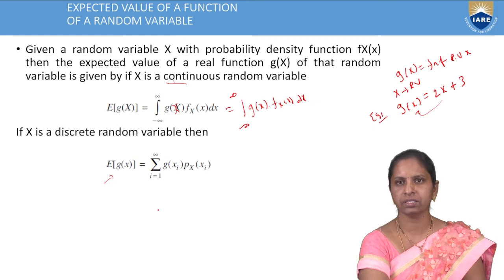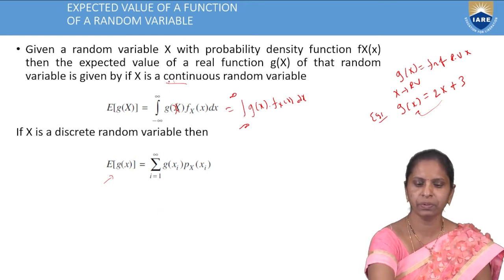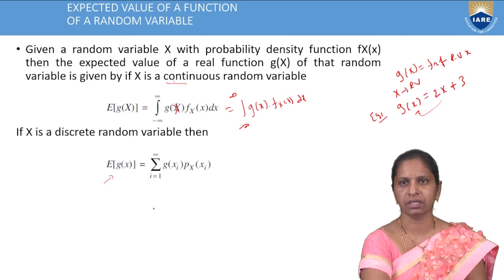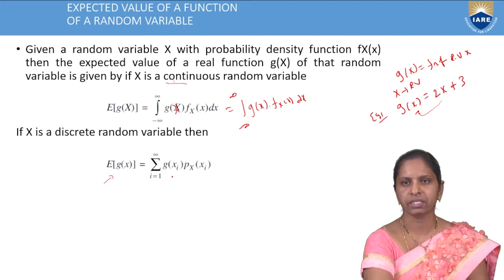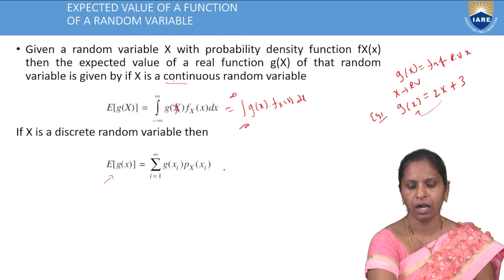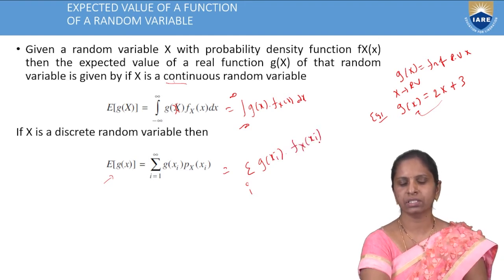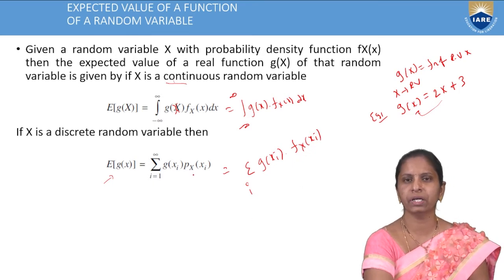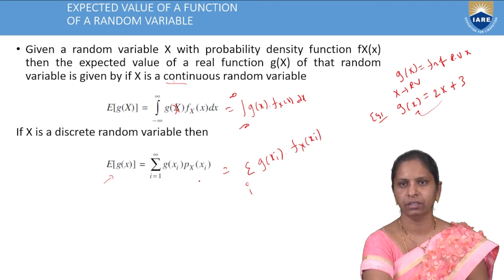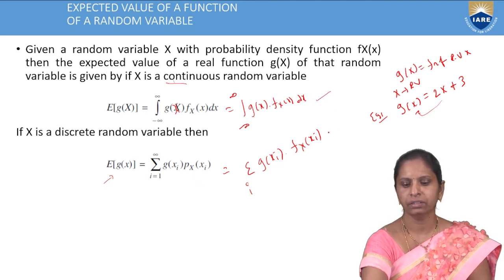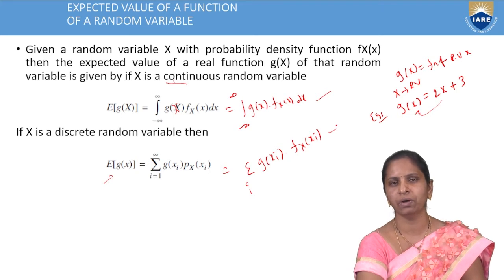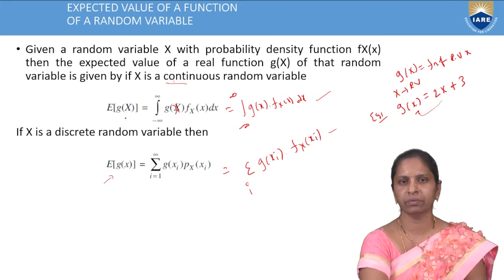E of g of x is equal to, in place of integration, the summation over i of g of xi into px of xi, or else I can write this as the sum over i of g of xi into fx of xi, because fx of xi, the density function at xi, gives the probability at x equals xi only. So these are the formulas for the expected value or the average value of a function of random variable x.